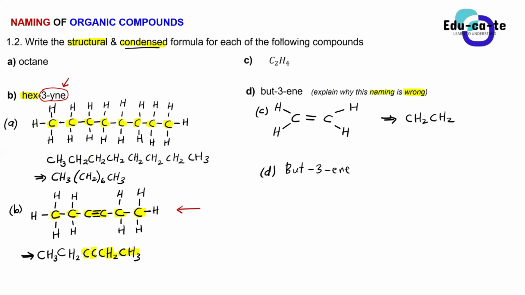Let's hear from Orifa. So what if you didn't do the first question? What if you just went on to say why it's wrong? Oh, Pela, did you see that questions A, B, C, D have the instruction on top, 1.2, that says write the structural and the condensed formula for each of the following compounds.